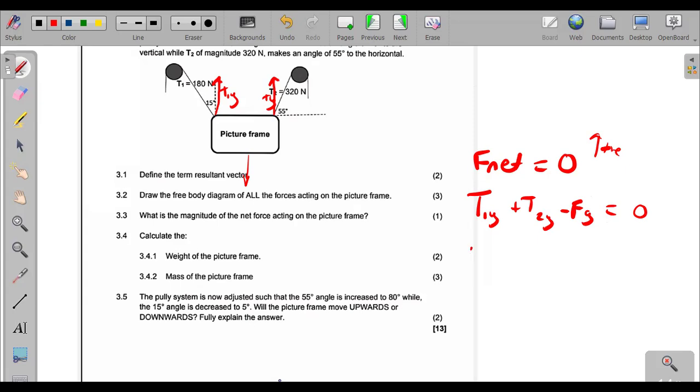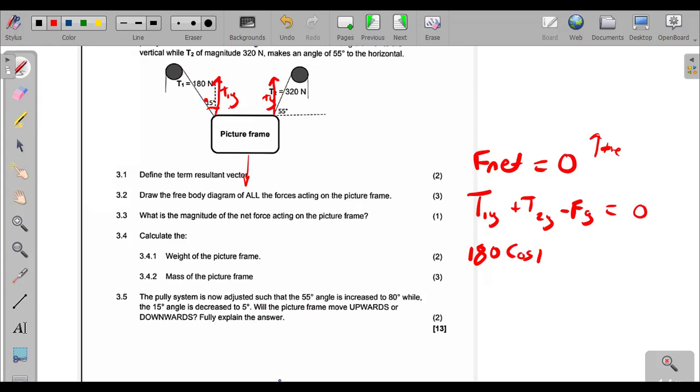So we can say T1 is 180. Since we have been given the angle to the vertical, T1y can be calculated as T cos theta, where theta is the angle to the vertical. So we say 180 cos 15.